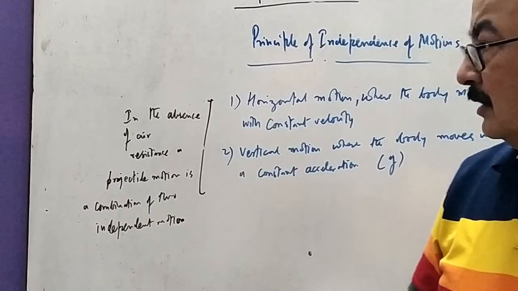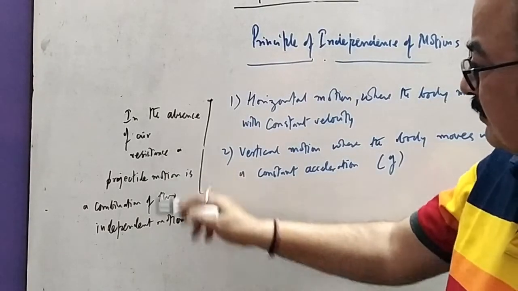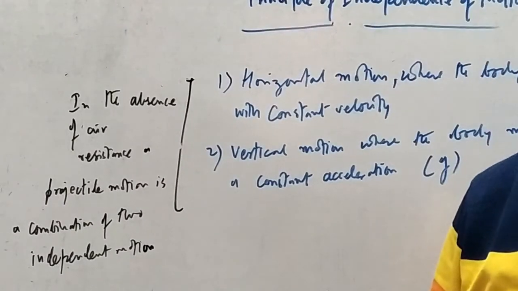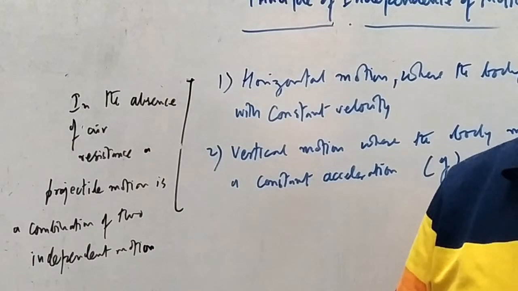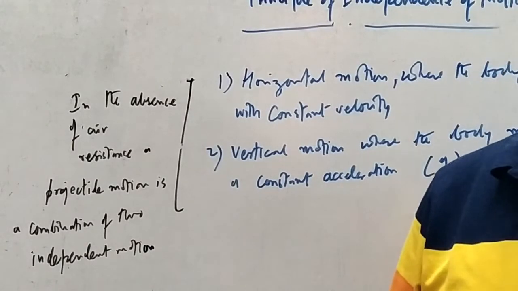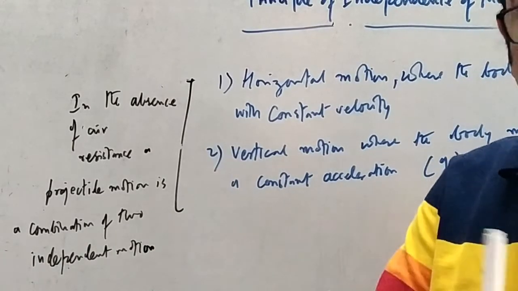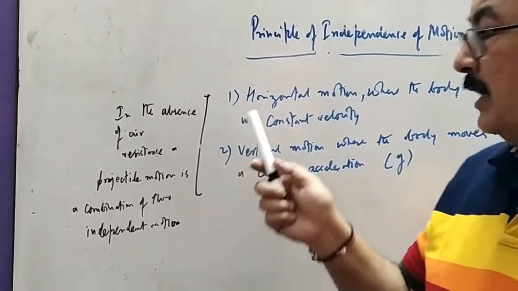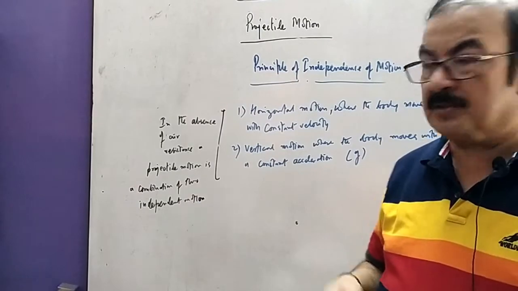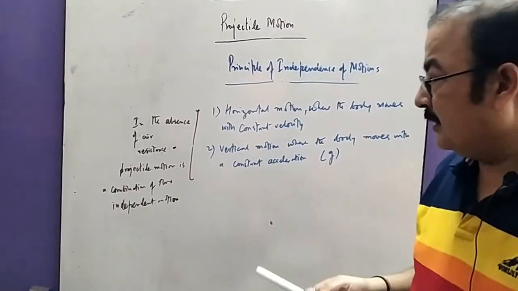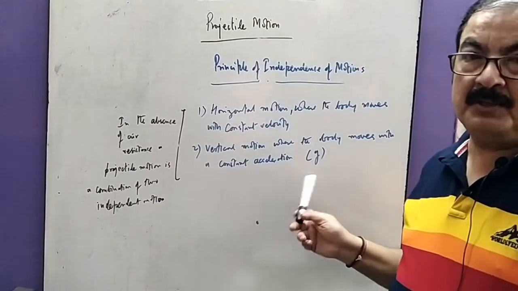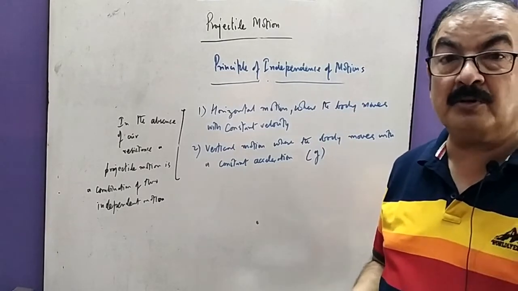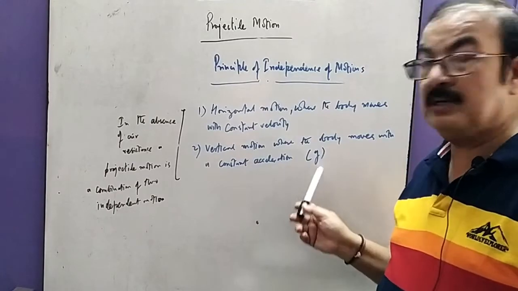And yes, we have already observed that it is a combination of two motions. One is horizontal motion, other is vertical motion. Clear? In horizontal motion, the velocity remains constant, and in vertical motion, the acceleration remains constant. Which acceleration is this, where does it come from? It is under the influence of gravity, that is acceleration due to gravity.